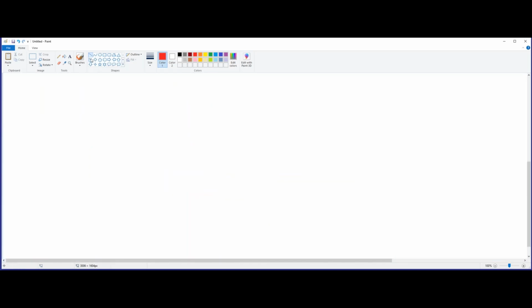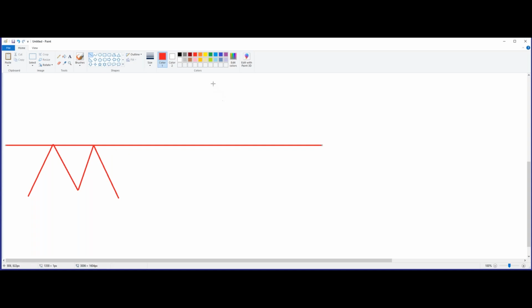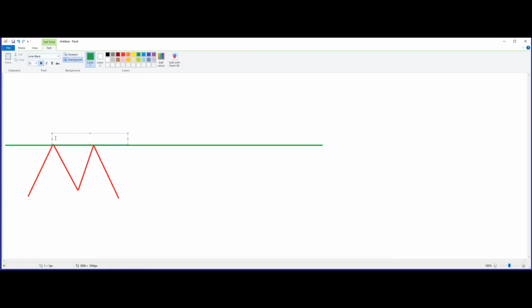Let's suppose we have a lot of support and resistance at the same place. If I draw something like this, we have a very significant resistance. I call this R1, and then we have R2. So we have two resistances in line, so this line is significant resistance.